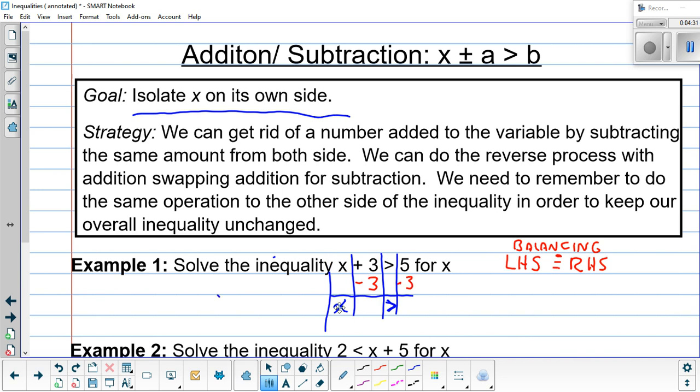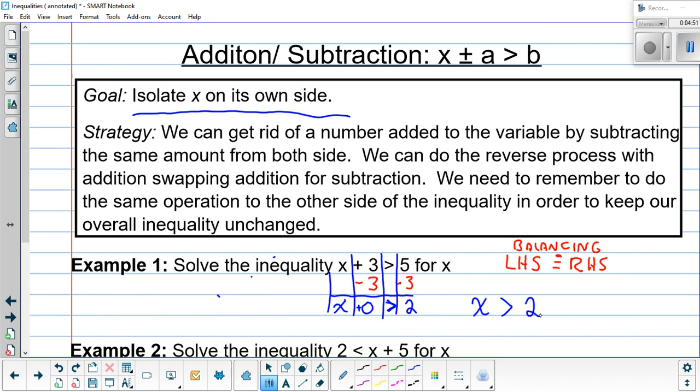Here we have x, and then this will just be 0, and over here, 5 minus 3 is 2. If we take away all these grid lines I've drawn in, we have x, and that should be a plus 0, but that doesn't matter because 0 is just 0. x is greater than 2.